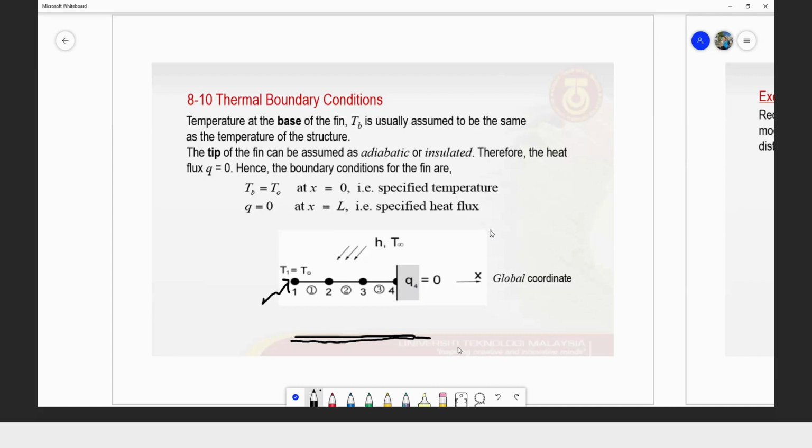So in this case, if we do not set a boundary condition, we cannot solve. So what we can do, we assume there will be no heat release from the surface by giving this kind of boundary condition, which is heat flux equal to 0 on the right hand side of the surface.